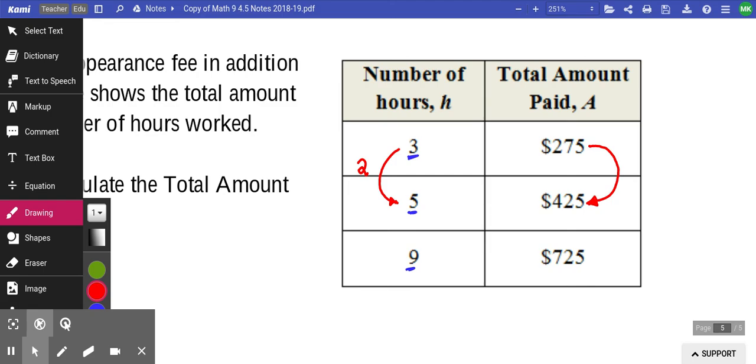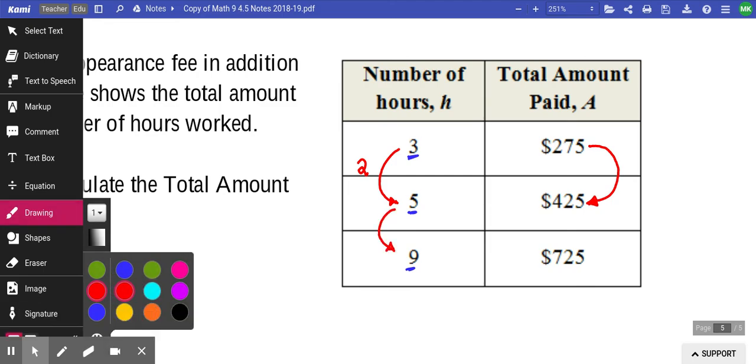So if you look, the independent variables are going up by 2, and then it goes up by 4. Because the independent variables aren't going up continuously, the dependent variables are going to appear to not go up continuously.